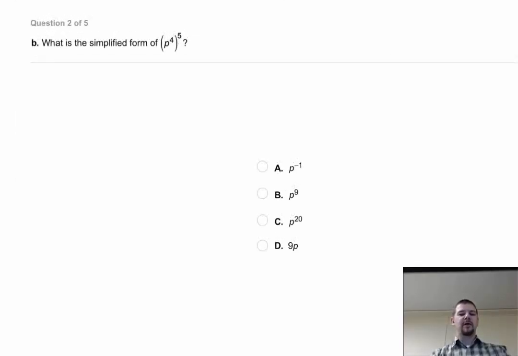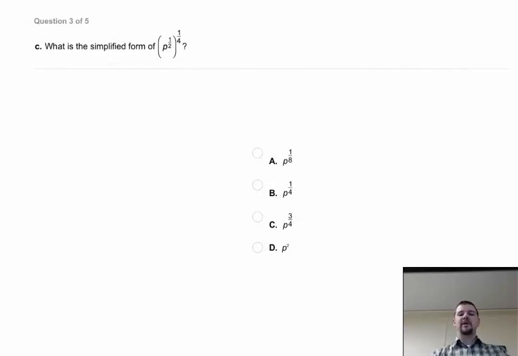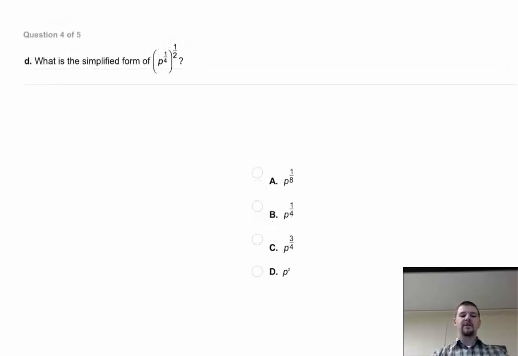What is the simplified form of p to the 4th power to the 5th power? Question 3 of 5. What is the simplified form of p to the 1/2 power raised to the 1/4 power? Question 4 of 5. What is the simplified form of p to the 1/4 power to the 1/2 power?